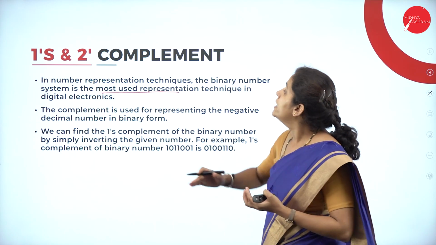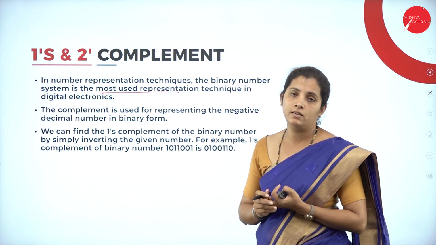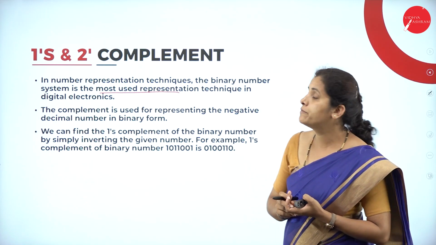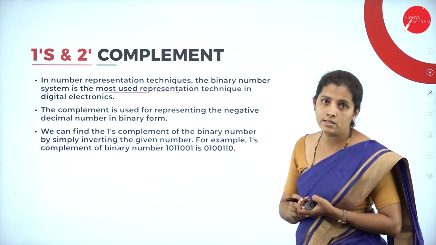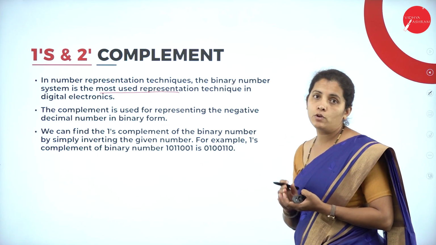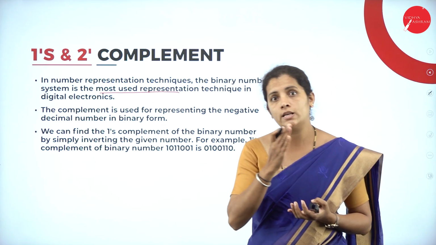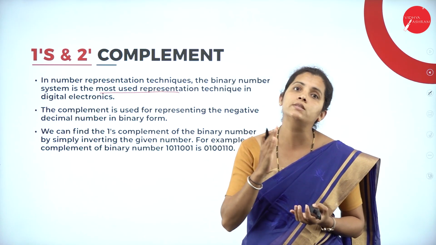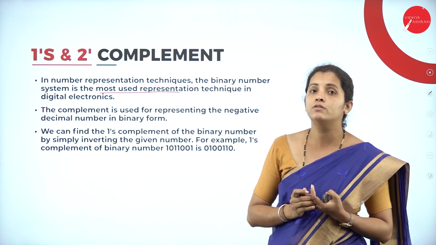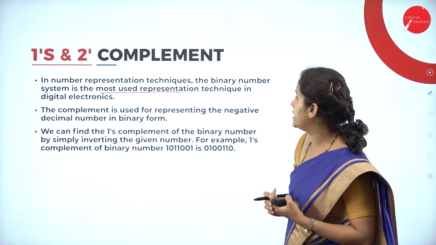I repeat, in computer systems, the binary number system is the most frequently used number system because the computer is capable of understanding only zeros and ones. Zeros and ones are nothing but a binary representation of given data.